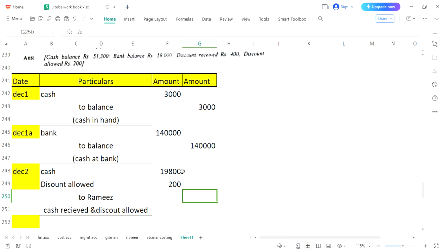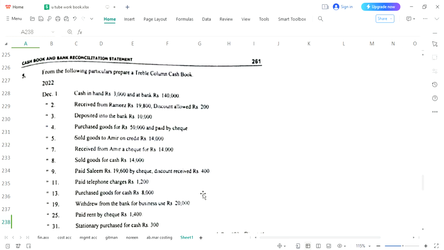Look, the sum of the amounts present on the debit side should be present on the credit side. So what we will do, 19,800 add 200. So we have 20,000. Now the debit and credit sides become equal. In this way, the December 2nd entry is completed.